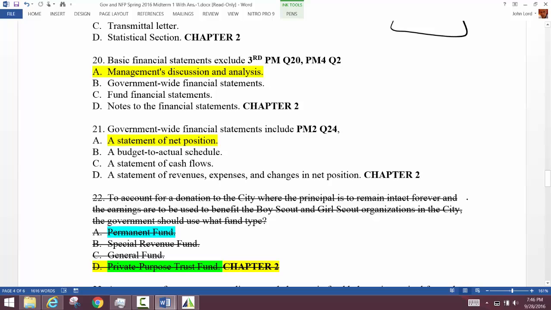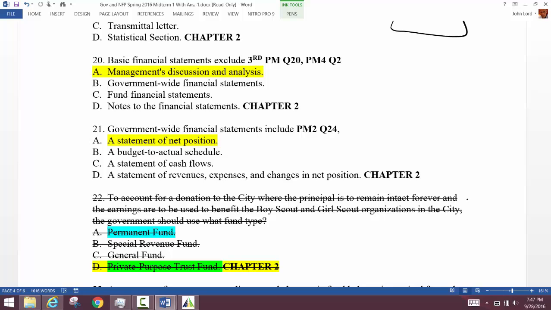Government-wide statements include, and there are 2 of them. Remember I said you have to know the names of all the statements. Remember that one slide where I had all the names in red, and I think I put some stars on that? I put stars on that slide because a lot of times you just look at it and think, okay, whatever, these are the names of the statements.